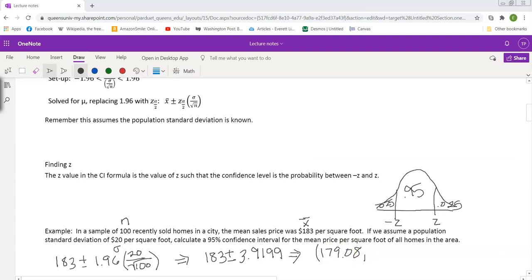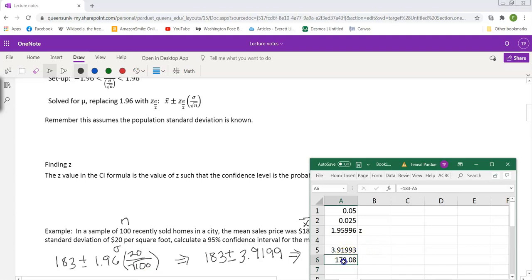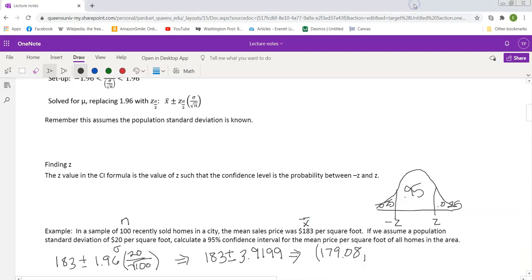Up to the top of the margin of error, or the upper limit, which is 183 plus this margin of error. So 186.92. Okay, and I realize this says plus or minus, but that doesn't mean you do the plus first and then the minus.